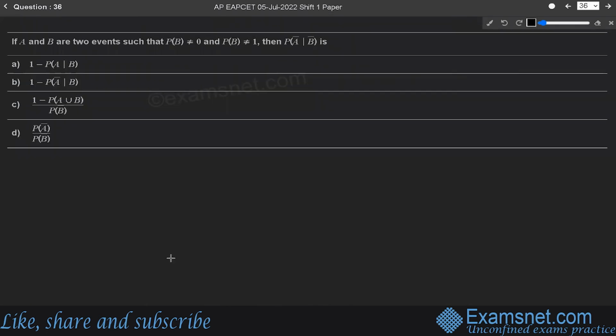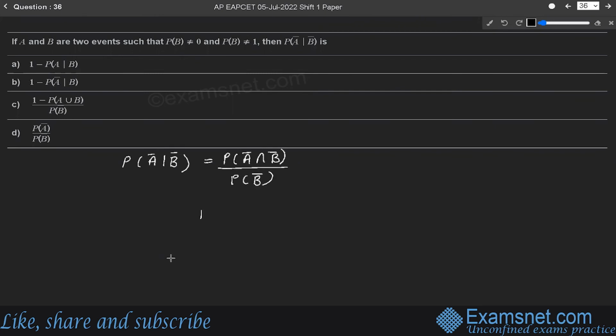Next question is, if A and B are two events such that P of B is not equal to 0 and P of B is not equal to 1, then P of A bar by B bar is equal to. We know that by conditional probability, P of A bar by B bar will be equal to P of A bar intersection B bar divided by P of B bar.